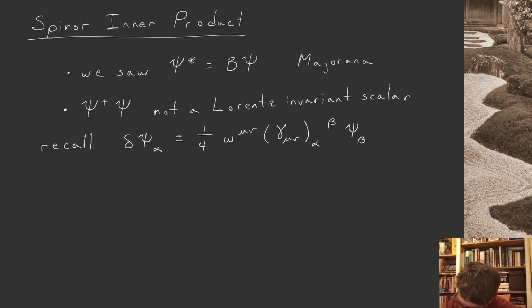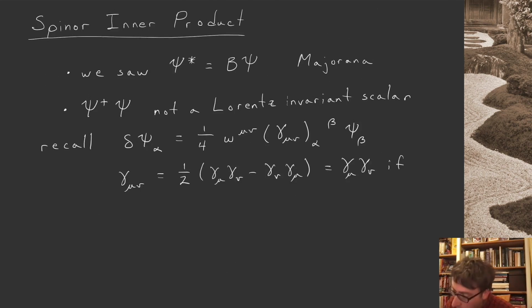Let's recall that by gamma mu nu, I mean the antisymmetric combination, gamma mu gamma nu minus gamma nu gamma mu. This will in fact equal gamma mu gamma nu if mu is not equal to nu, and will just vanish otherwise.